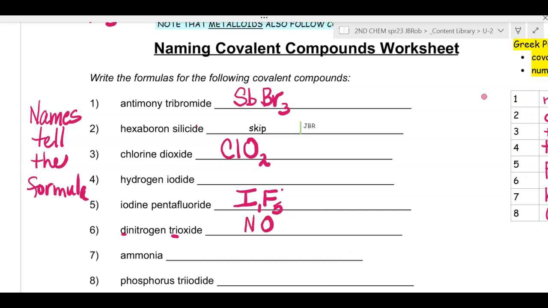Give me the correct formula. 15 seconds. N2O3. There are many nitrogen-oxygen compounds, so if this name didn't tell us, we would have no clue.